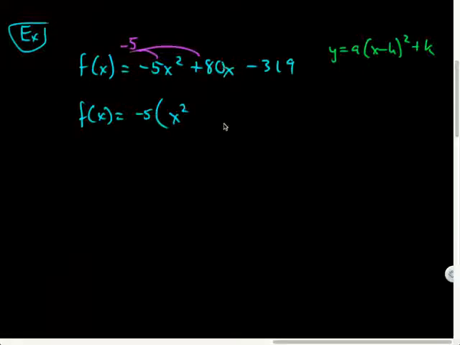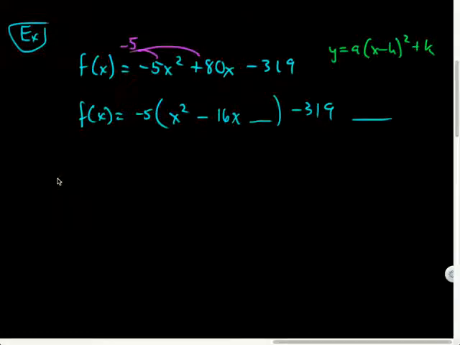Negative 5 times what is 80? 16. 10 times what is 80 would be 8. 5 times double that would be 80. Yeah, that makes sense. So negative 16x. I'll throw a blank in there, foreshadowing what I'm going to be doing. And minus 319 blank. Okay.